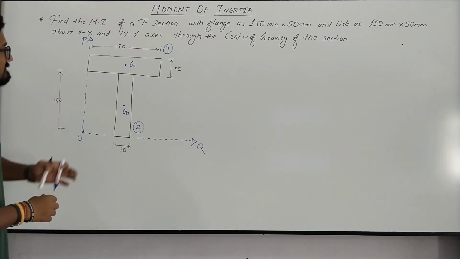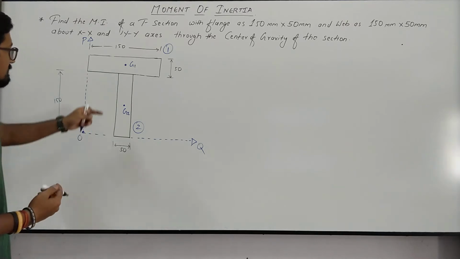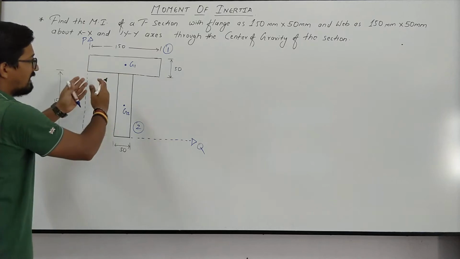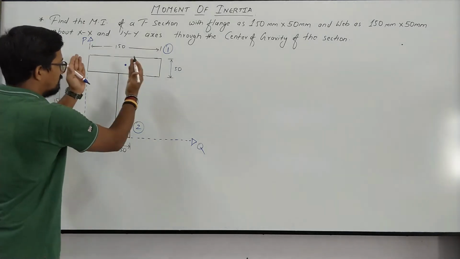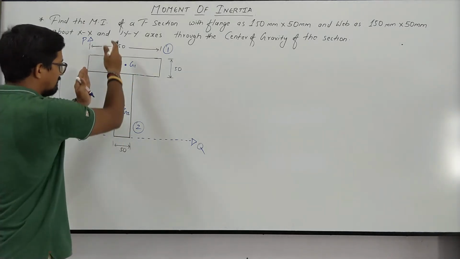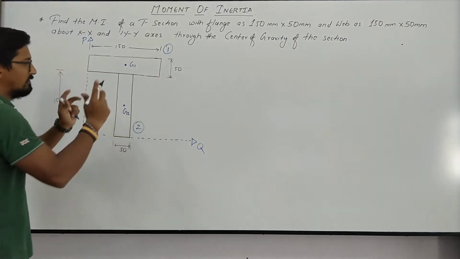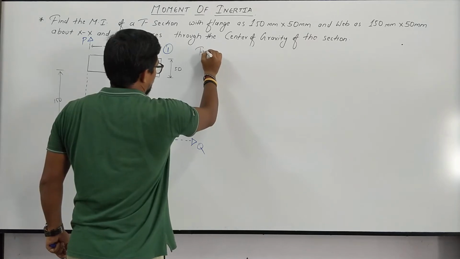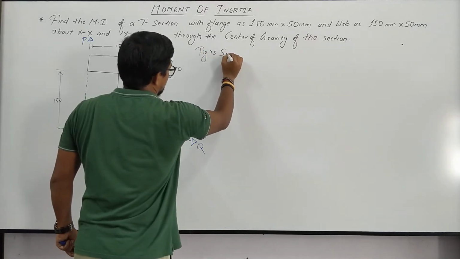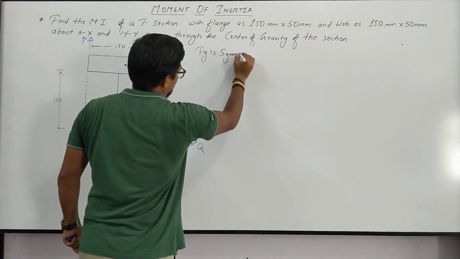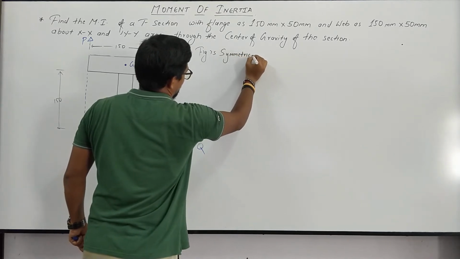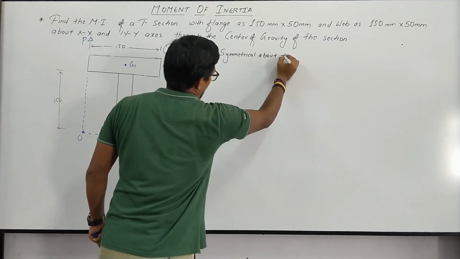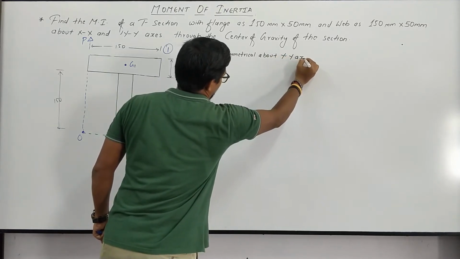When we check the symmetry of this figure, it can be noticed that this figure is symmetrical about the yy axis, correct? Meaning if we fold the figure across the yy axis, it will be divided into 2 equal parts. So the figure is symmetrical about the yy axis.